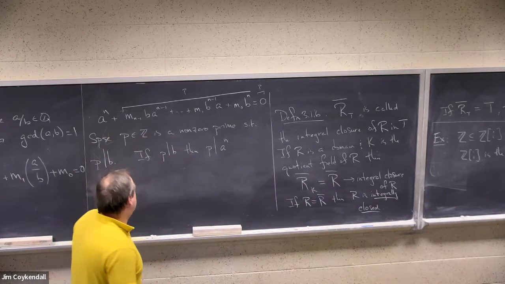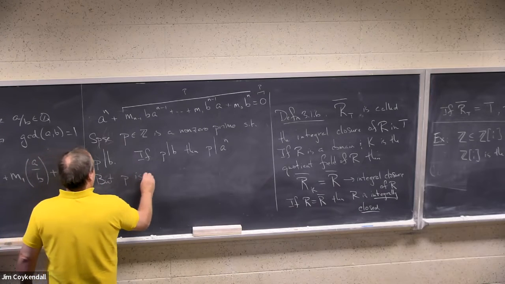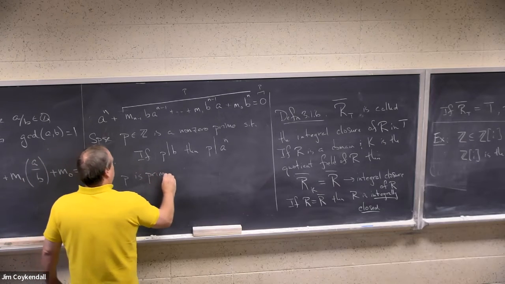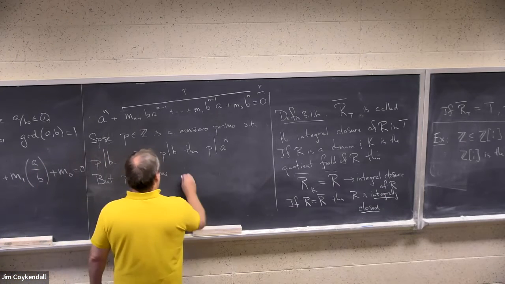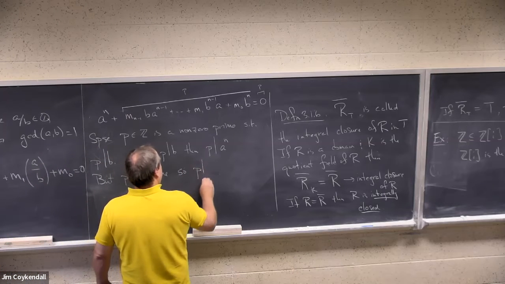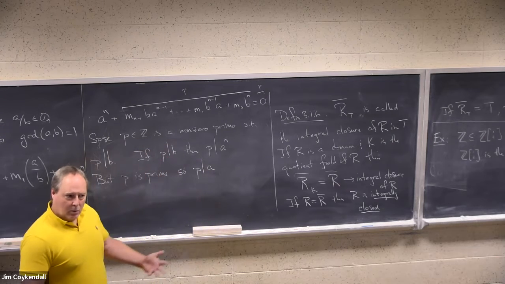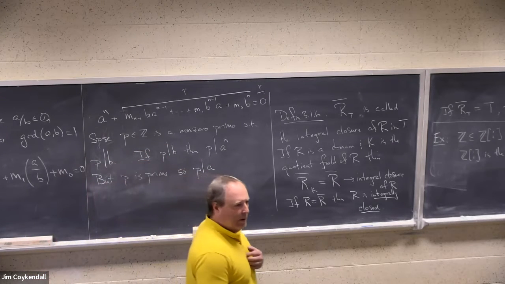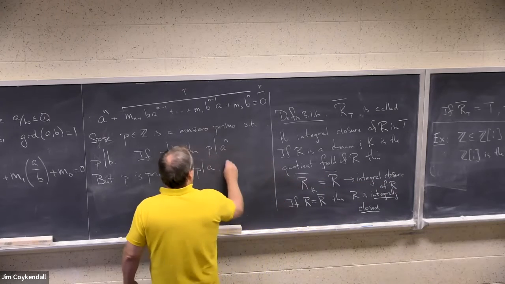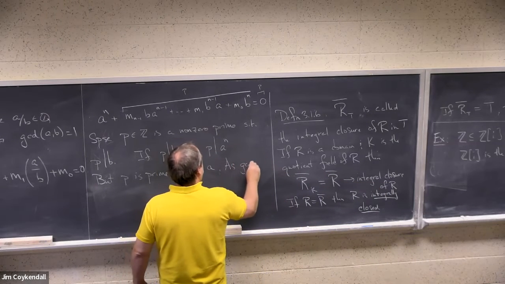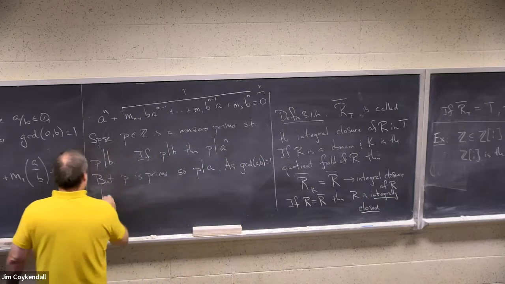But p is prime, and you actually really do need prime here. So p divides a. And what, pray tell, would be the problem with that? Right, as gcd(a,b) is 1, this is impossible.